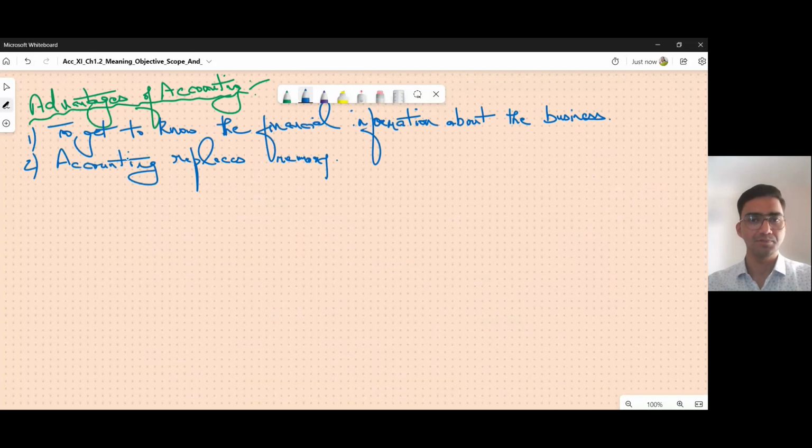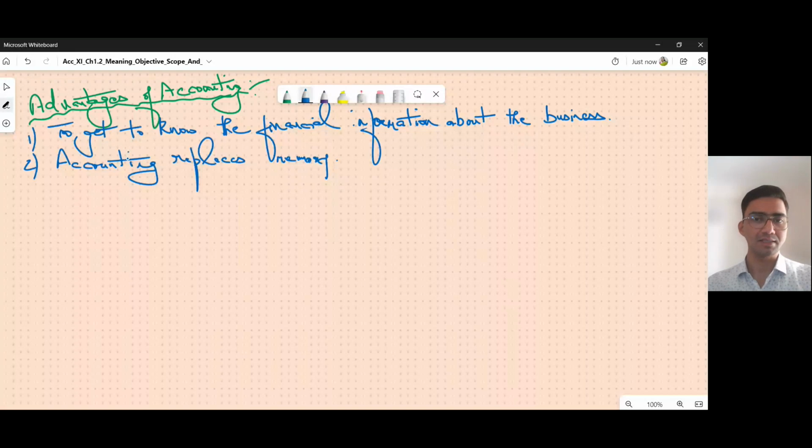Maybe we purchase furniture from XYZ. Maybe we've sold goods to ABC. Maybe we've sold furniture or we've sold a building which we own. All these things which are related to the business, we are buying and selling. So you can imagine how many transactions there are going to be.